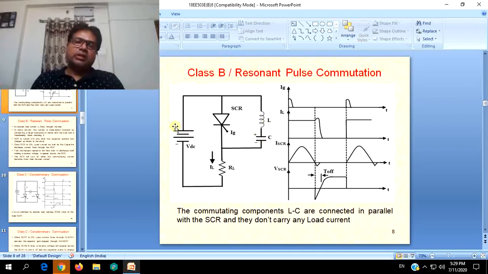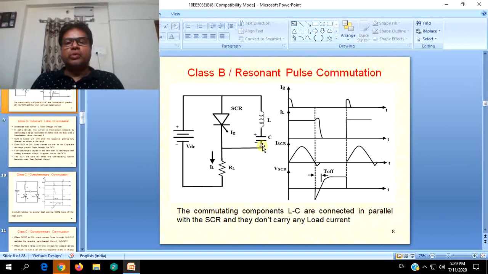Now the capacitor has already been charged equal to the supply voltage, so the capacitor will also discharge through the external circuit, that is via the anode SCR, in the circuit L, SCR and C. While discharging, after some period, total positive charge accumulates over the bottom plate and total negative charge gets accumulated over the upper plate.